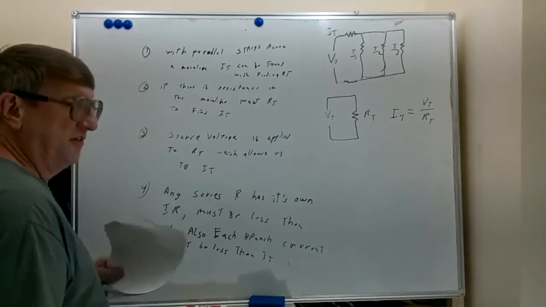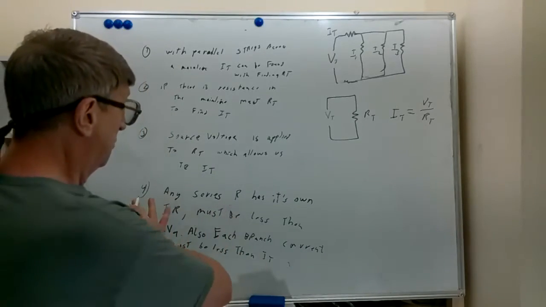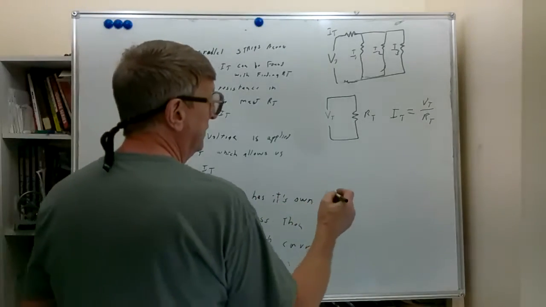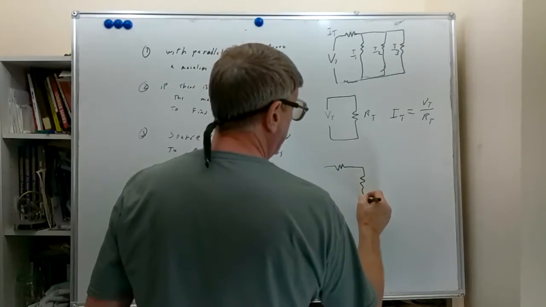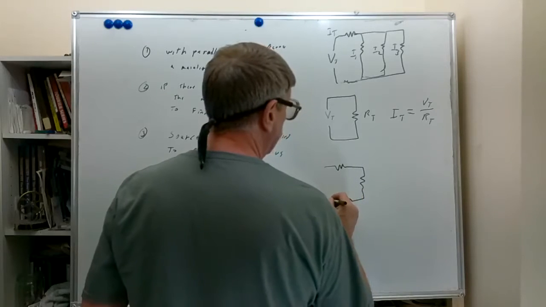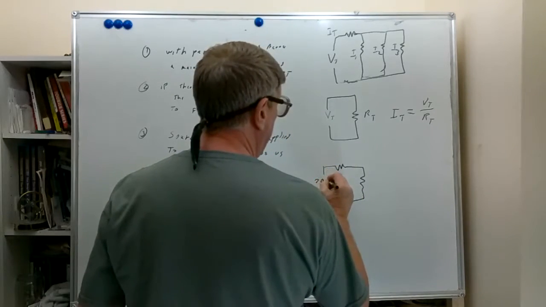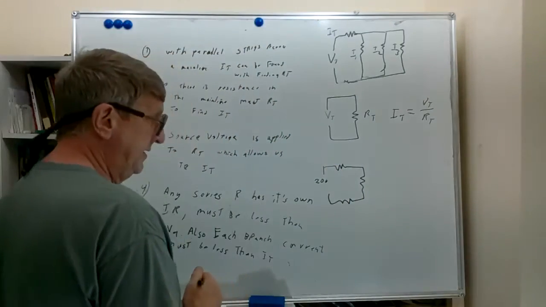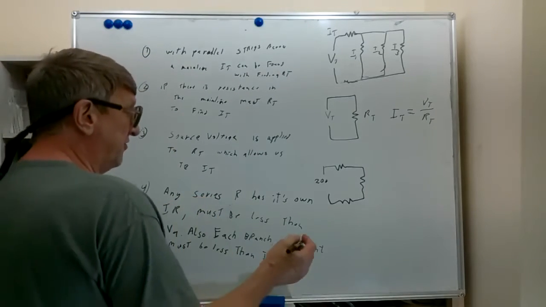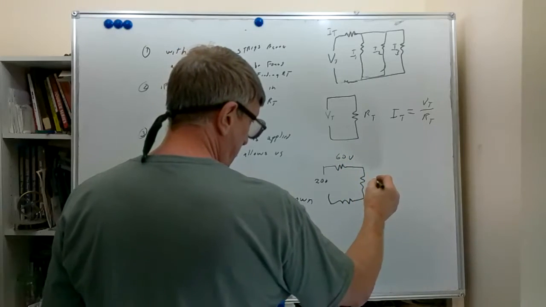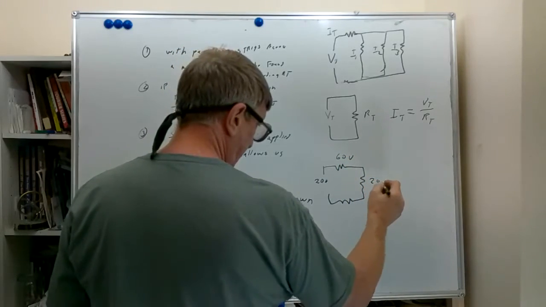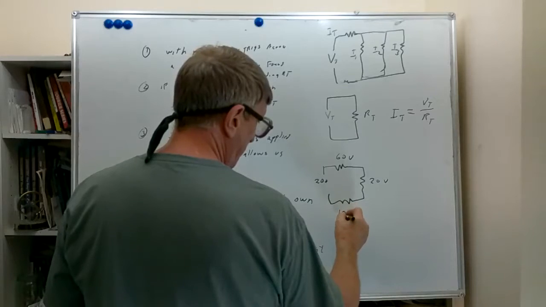And I think that's probably starting to make sense to you now. The one we just did, we reduced it to 3 different resistors. We had 200 volts supplied, and we used the IR drops and found that we had 60 volts, 20 volts, and 120 volts.